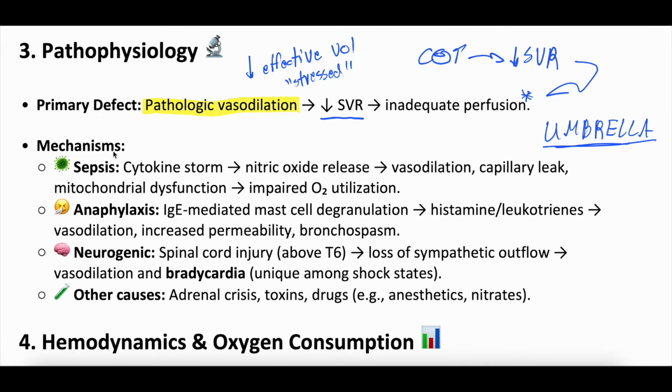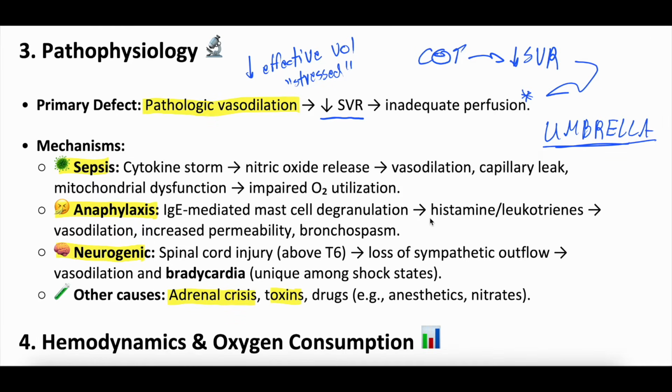And those are septic shock, anaphylactic shock, neurogenic shock, some toxicologic shock states, and some endocrinopathies like adrenal crises. Now, just note, these do not all act identical, right? Because the pathophysiology for each of them is different, but they follow a similar pathodrome, which is why we all batch them under distributive shock.